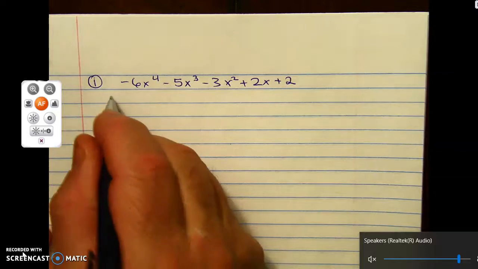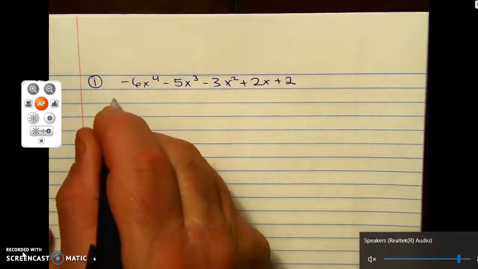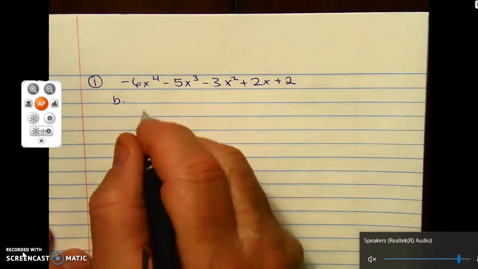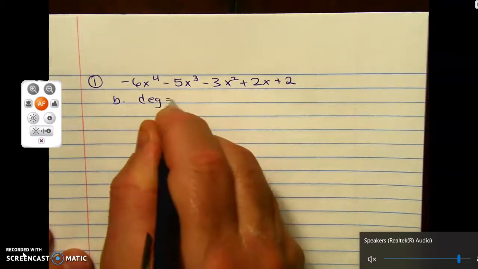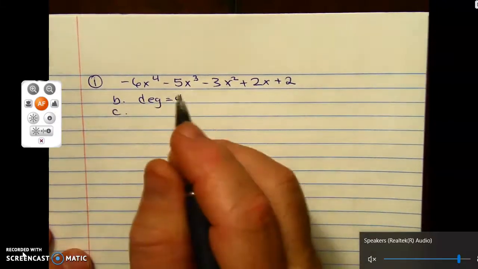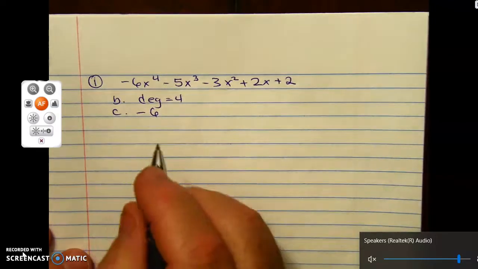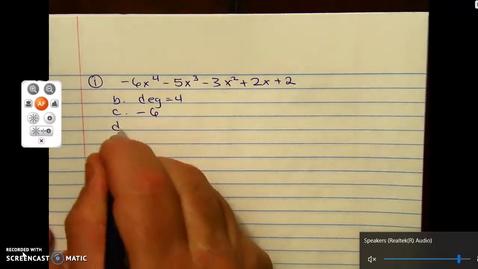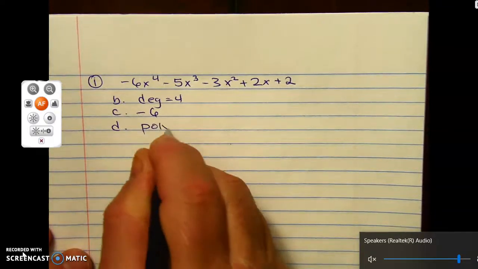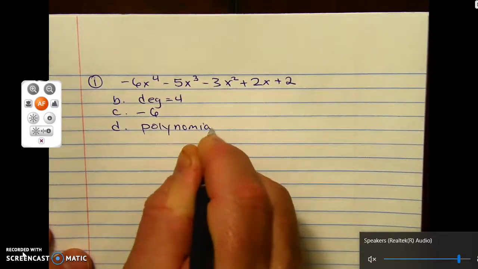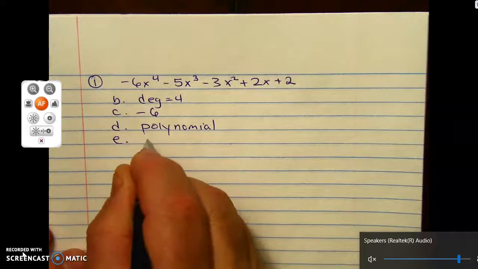That's part A. Part B, the degree is 4. Part C, the leading coefficient is -6. D, it's a polynomial. And E, it's quartic.